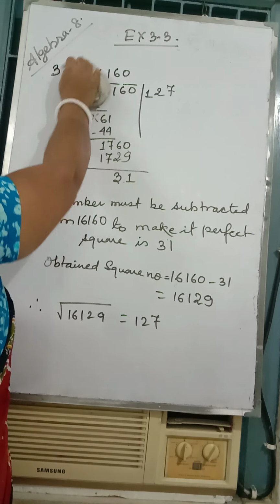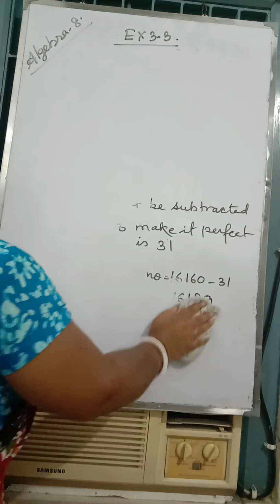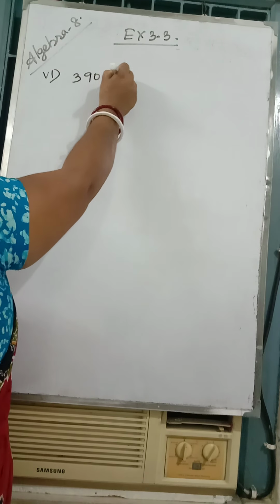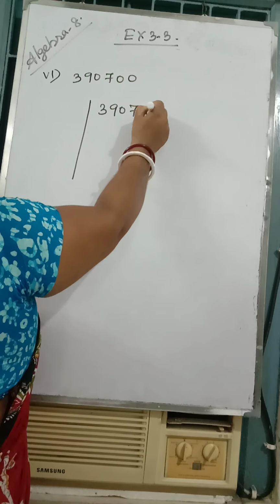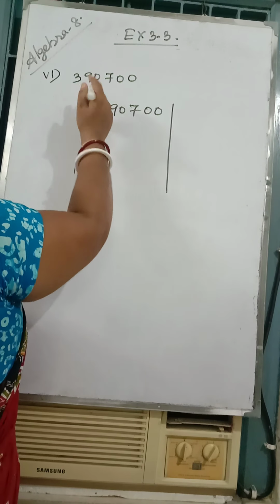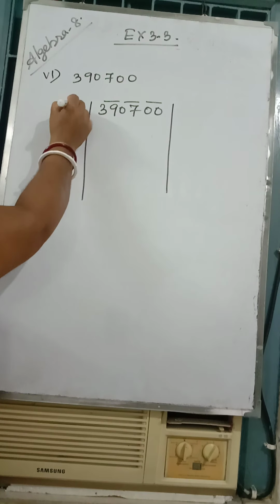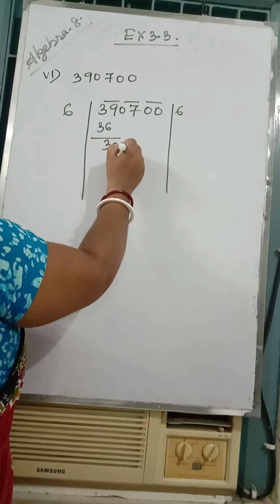Let us see question number 6. We have the number 390700. Get the square root of it. Okay. Now 6 6s are 36. 3. The 07 is coming down.